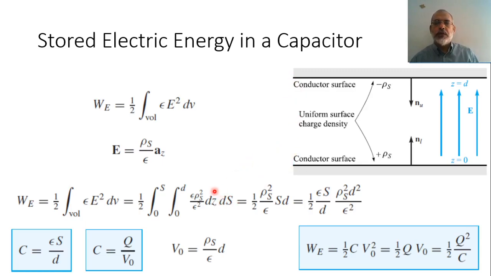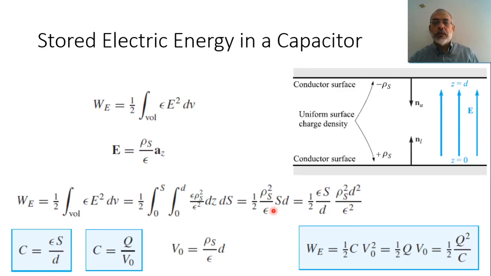So effectively, because this is constant with respect to dz and dS, the integration would be simply half rho surface squared over epsilon multiplied by the surface area of the capacitor multiplied by the distance between the two plates. Or in other words, multiplied by the volume of the capacitor. Okay?